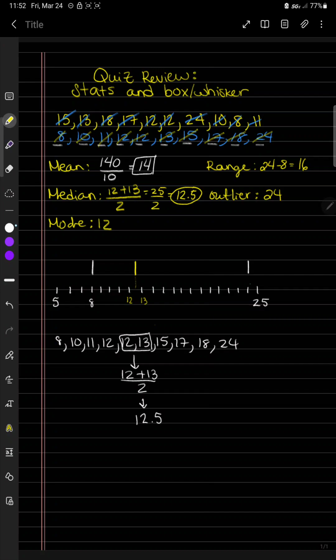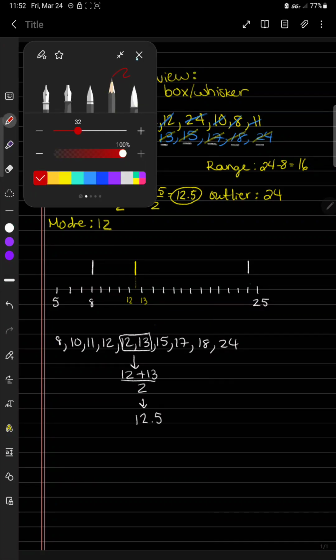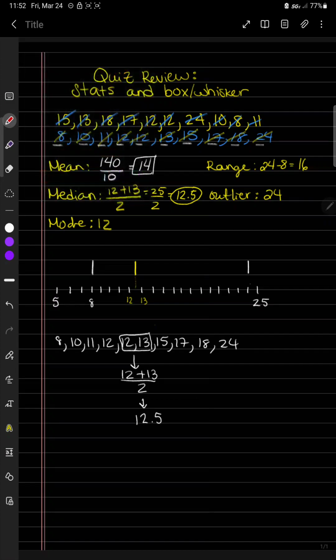And then for our lower quartile and upper quartile, we want to take the median of the left and right side. So this is my lower quartile. This would be our upper quartile. So for the lower half, we cross out 8 and 12. Again, we have two numbers in the middle. If we had just one, that would be the answer. But in this case, we're going to do 10 plus 11 and divide it by 2.